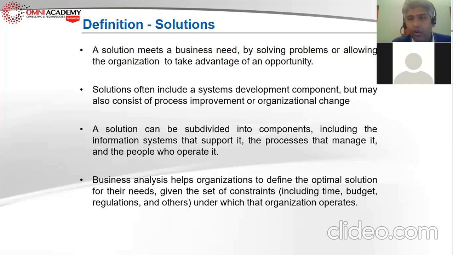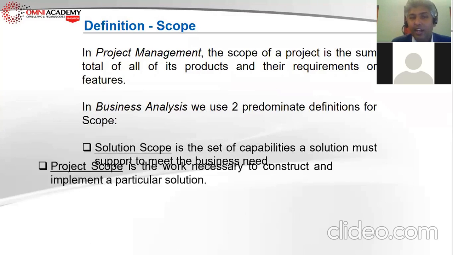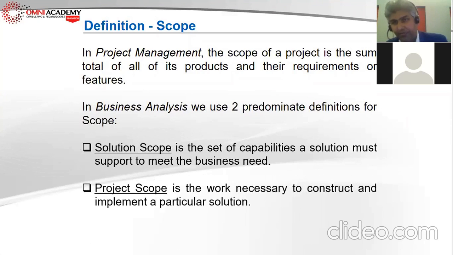Now I will move to the next slide. Scope. We have been using this word for a while, but as soon as you attended this training, there are now two different types of scope.